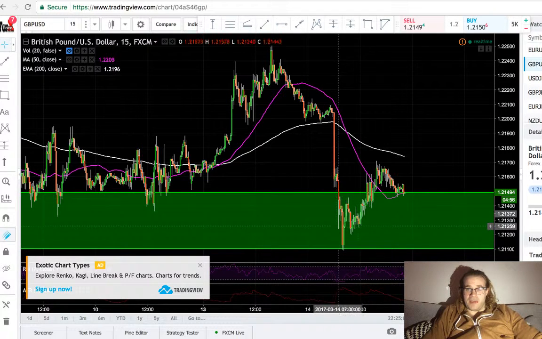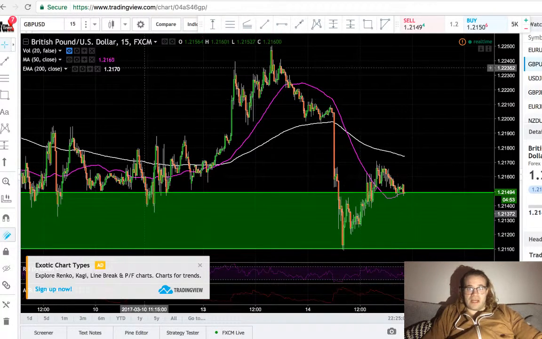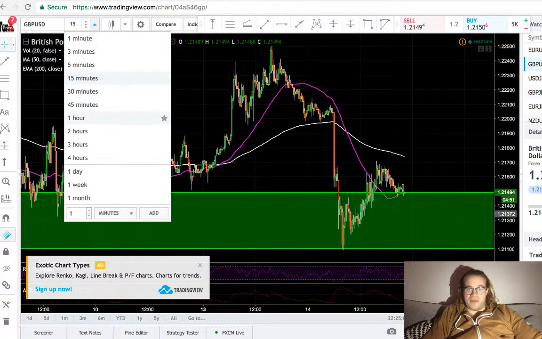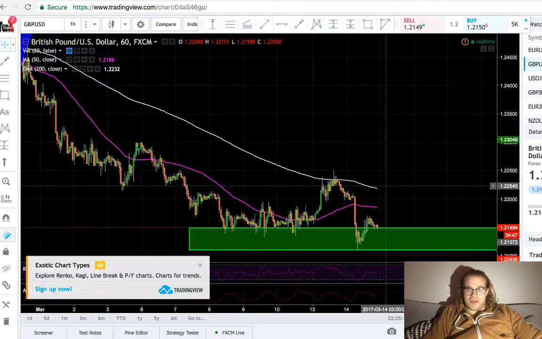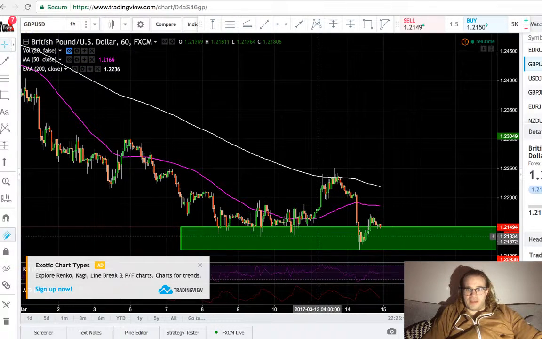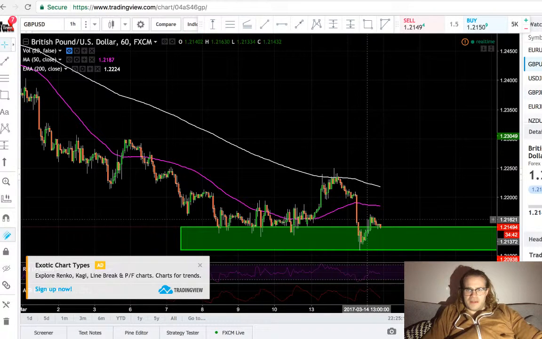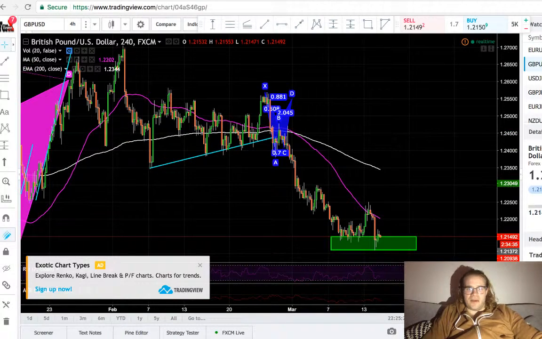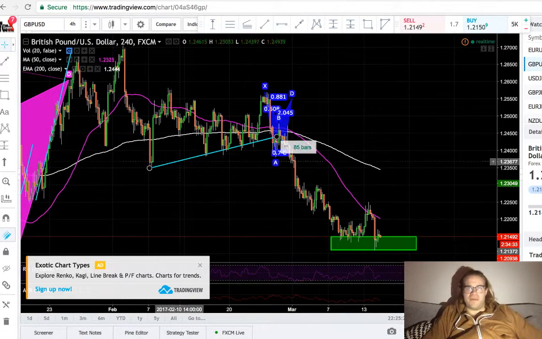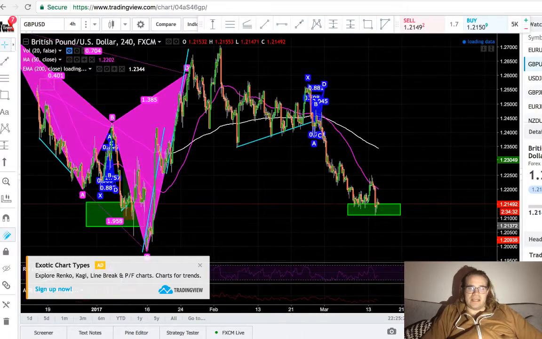We got the strong move, kind of get the retracement here. We can see it better on the 1 hour, I guess. So right here, we do get the, no, we don't. So we'll see what happens here on the pound dollar. Like I said, for me personally, not interested in them.